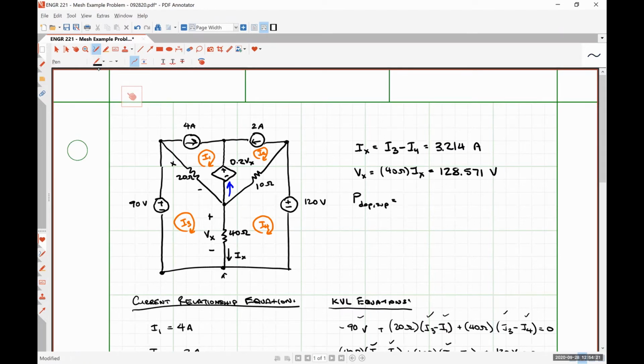So we found the current flowing through the positive polarity terminal earlier using KCL. Now we want the current in the opposite direction. What do we do? Negative, right? So negative 6 amps times 0.2, which is our coefficient, times Vx of 128.571 volts.